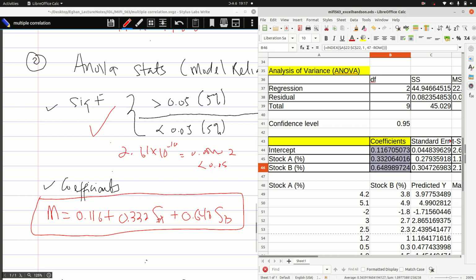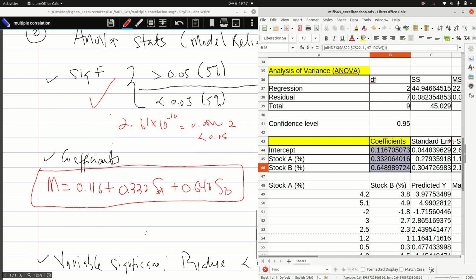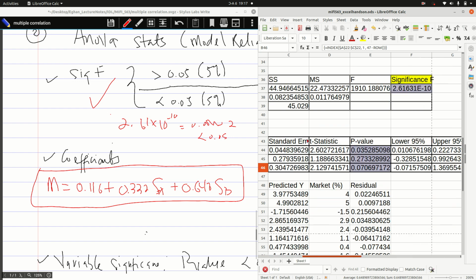So it means by this model I can predict the market value at any given stock A and then stock B. But there's another thing you must check. Sometimes if you have more than one, you want to know which of them are even playing that significant role. And as I said earlier on, that is given by the p-value of each of them.